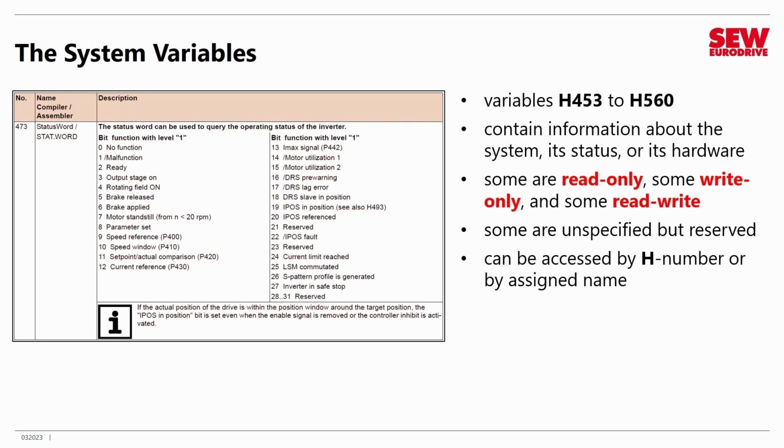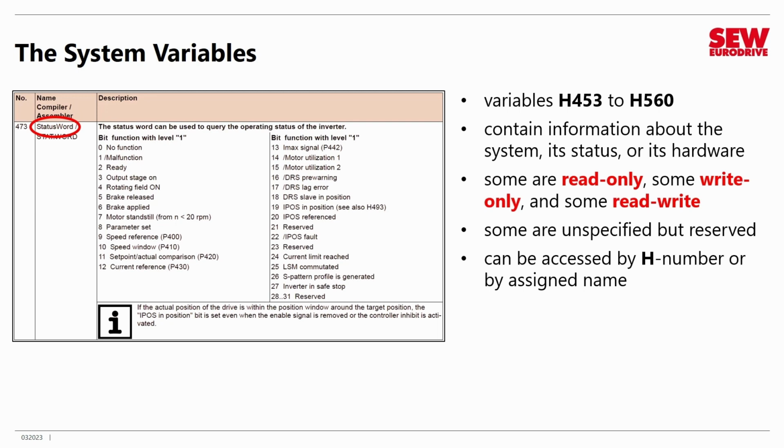You can access them by their H number. In other words, in your program, you can say, for example, I want to read H473, and it will accept that. But you can also give them a dedicated name. So take a look at this example here, H473, that's the H number, but there's also an equivalent name called status word. And it's often nicer to use the name because the name usually tells you what it does.